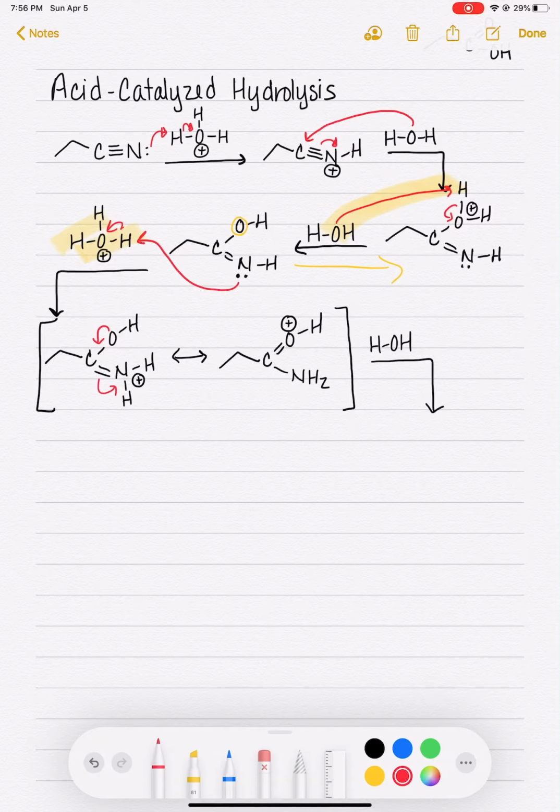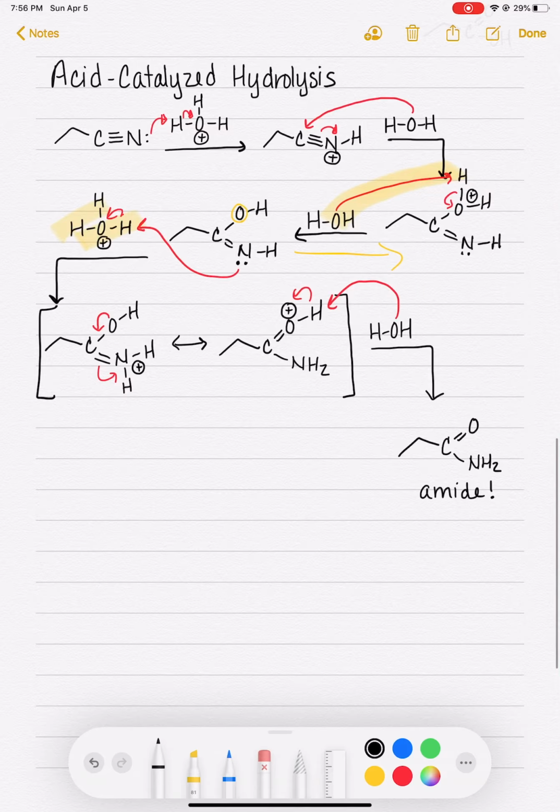We're going to deprotonate with the oxygen of the water molecule, pull the hydrogen off so that we can get rid of the positive formal charge. Isn't this so relaxing? And here again we have made ourselves an amide. We also made an H3O plus.